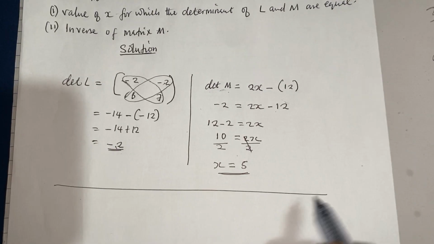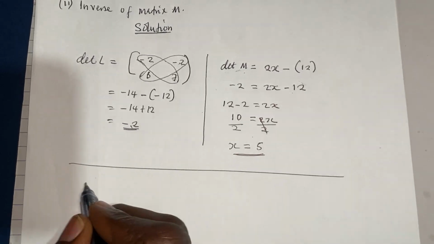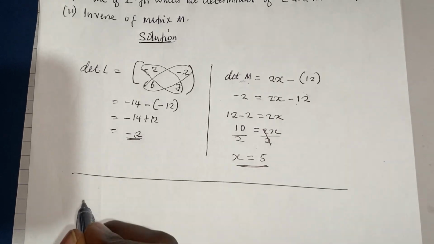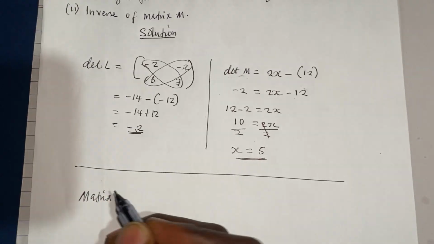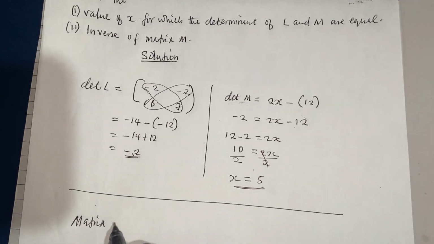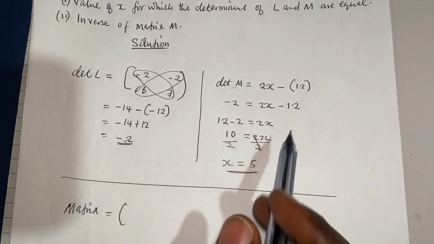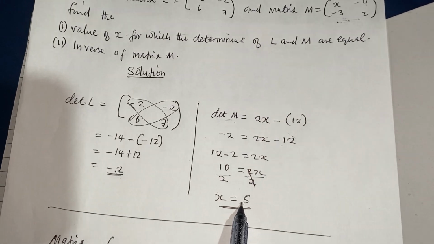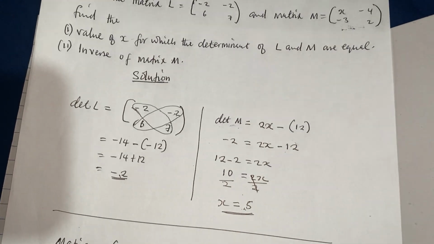On finding the inverse, I have matrix M, which is equal to, where there's x, let's put 5, since we have found x is equal to 5. So we put 5 there where there's x.